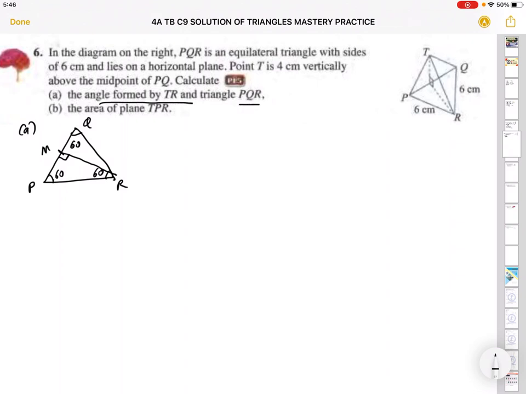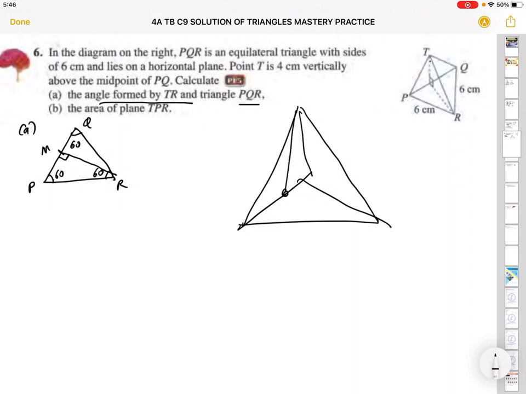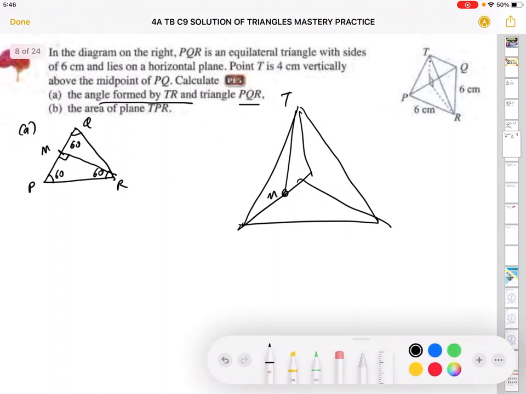I don't know whether you know this. The angle between a line and a plane is, let me draw another one. It looks a bit hard to see, right? So this is T, this is M. Okay, so your point R is over here.